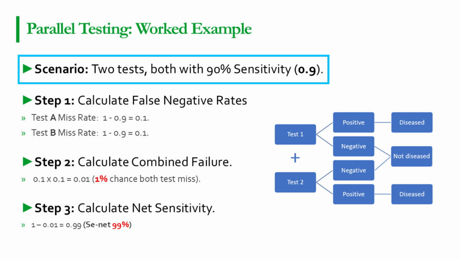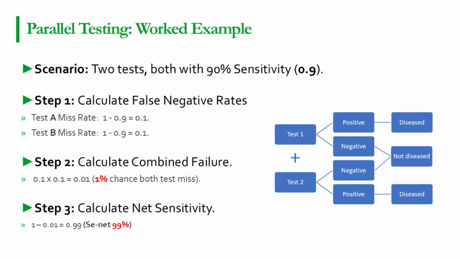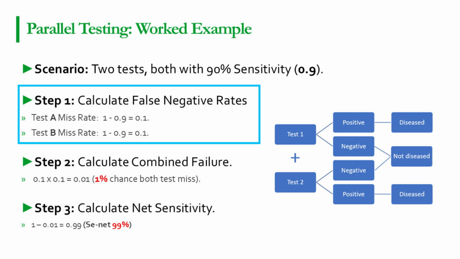Imagine we have two tests, and each one has 90% sensitivity. That means each test has a 10% miss rate, which is 0.1. In parallel testing, we classify an animal as positive if test 1 or test 2 is positive. So the only way we miss a truly sick animal is if both tests miss it at the same time. If the tests make errors independently, the chance that both miss is 0.1 times 0.1, which equals 0.01.